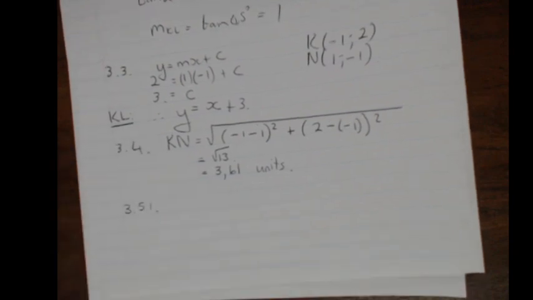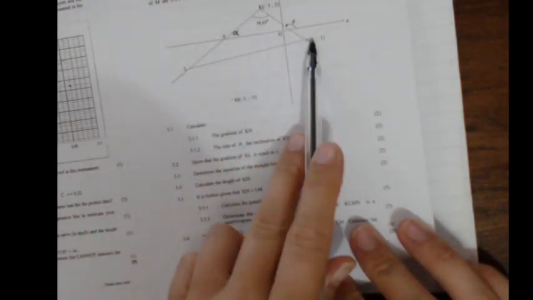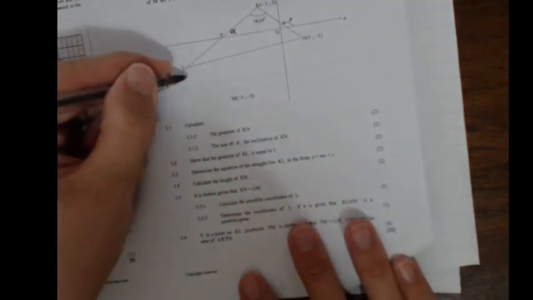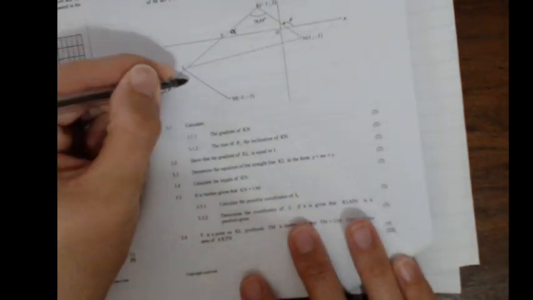Then 3.5 says it is further given that KN and LM are equal, so this length here is also root 13.